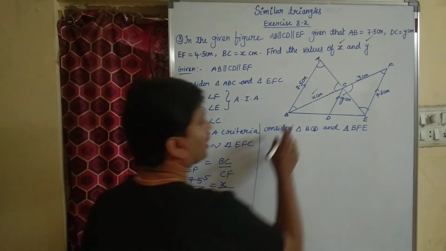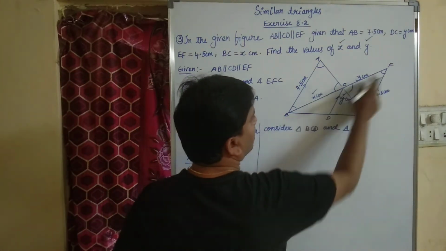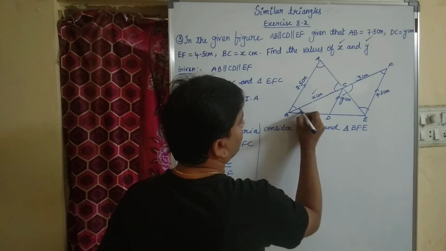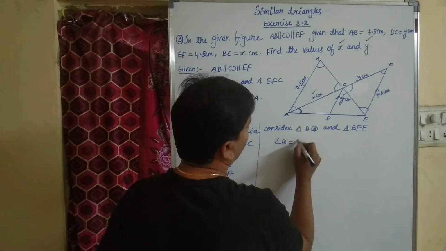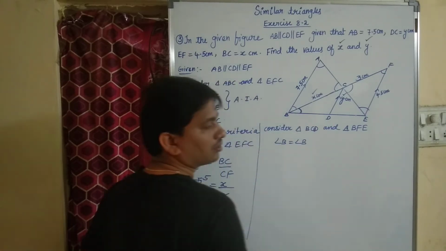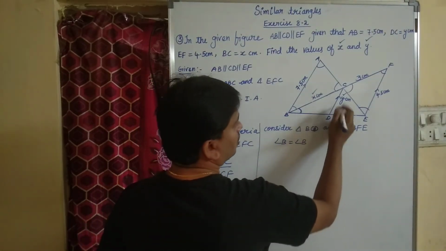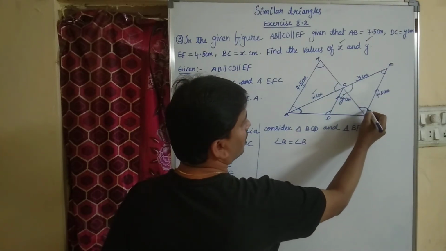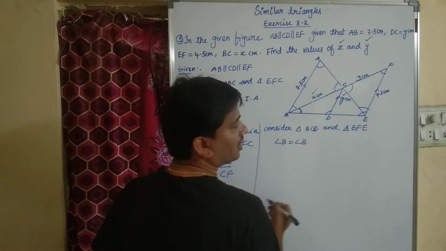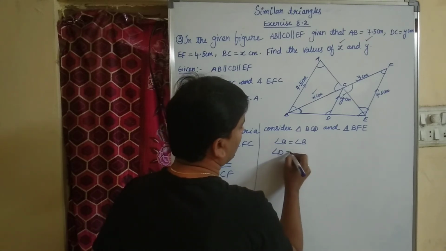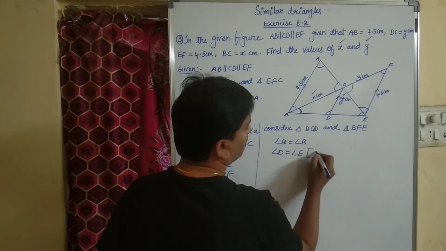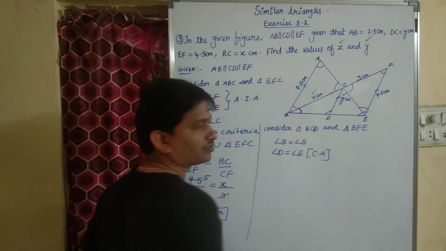If you observe these two triangles, triangle BCD and triangle BFE, angle B is common to both the triangles, angle B equal to angle B. Also, CD is parallel to EF, then angle D and angle E are corresponding angles. Angle D equal to angle E, they are corresponding angles.